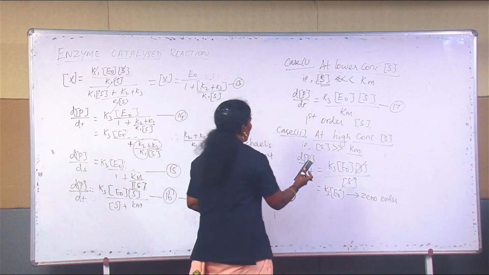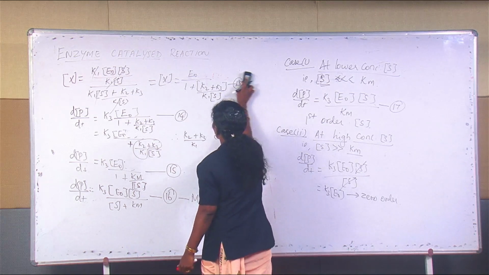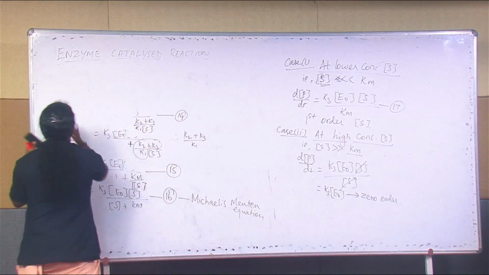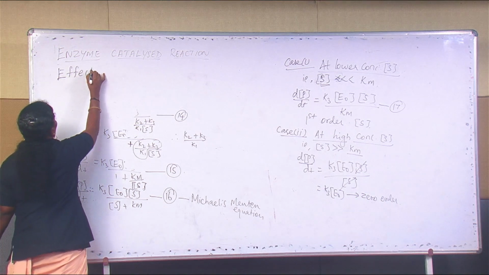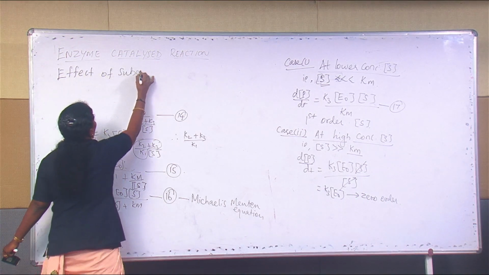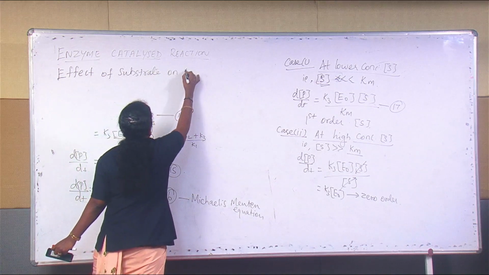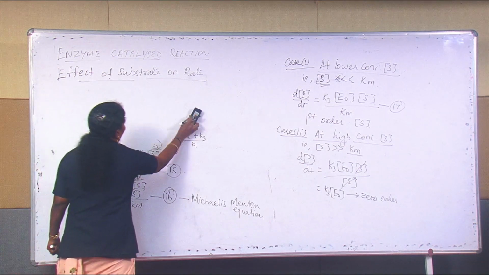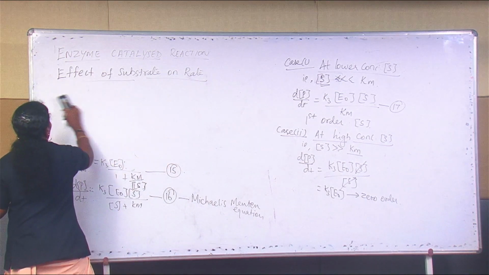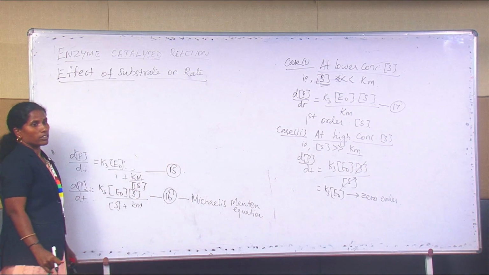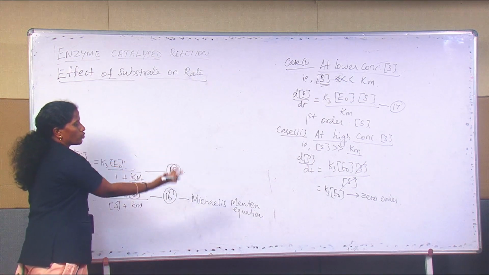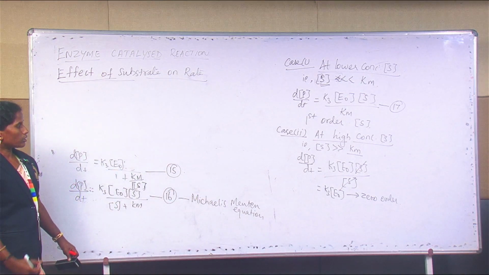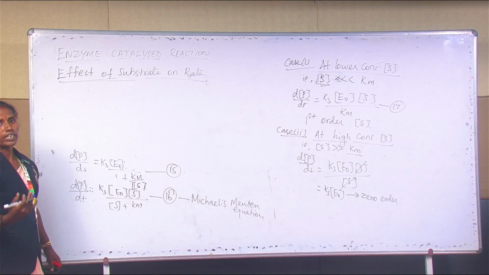So these two conditions are explained by the effect of substrate on rate. So the next topic is effect of substrate on rate. In enzyme catalyzed reactions, the order of the reaction changes from first order to zero order. This is due to the presence of one or more active sites in the enzyme molecule.